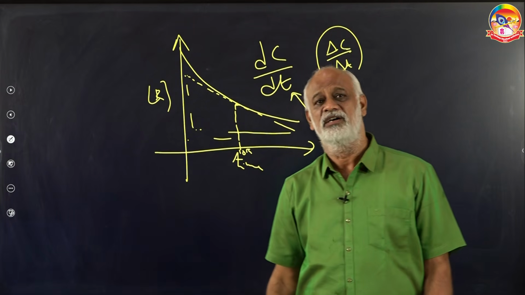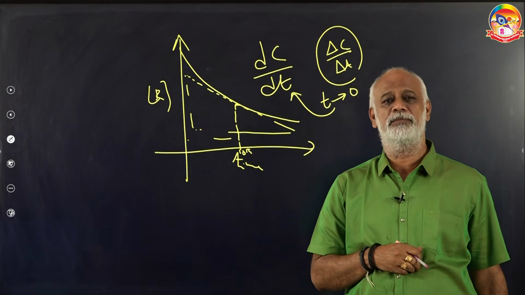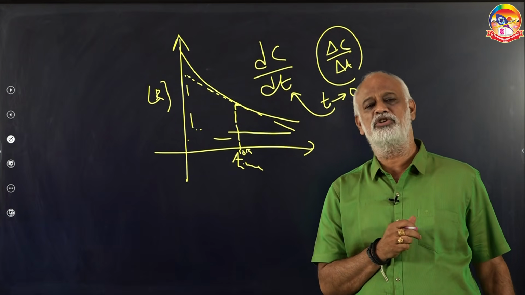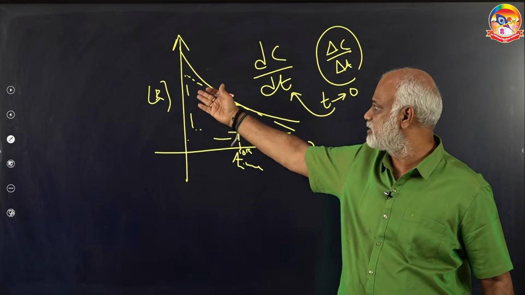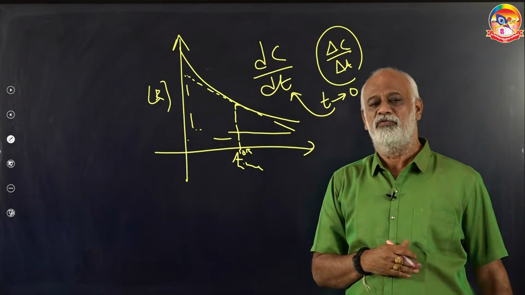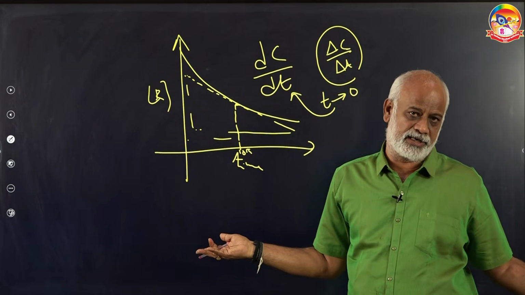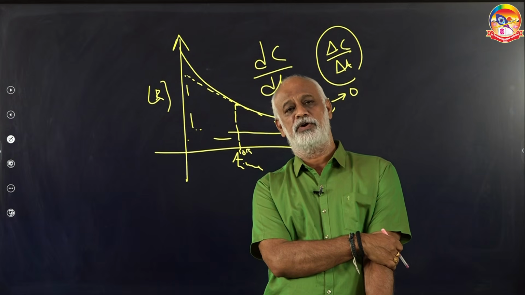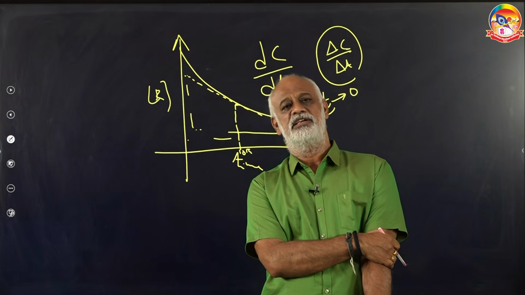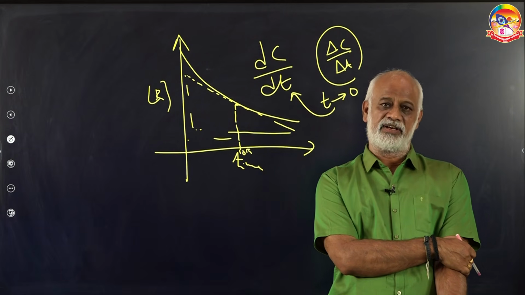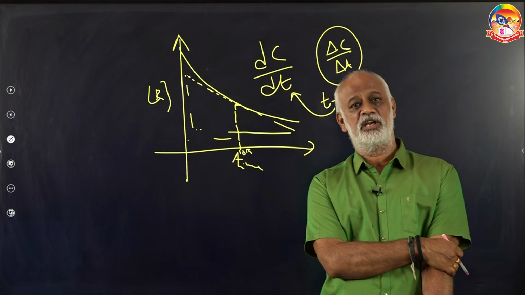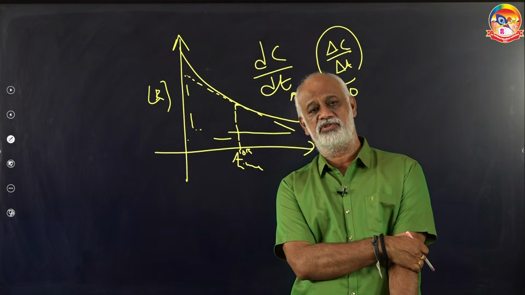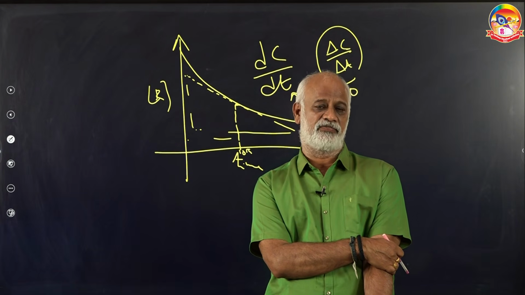Instantaneous rate can be obtained only by drawing a tangent to a graph of concentration versus time for a reactant or for a product. Instantaneous rate is actually very difficult to find out, so in many cases it is better to know average rate. No doubt instantaneous rate always gives you a better idea about the rate of a reaction.